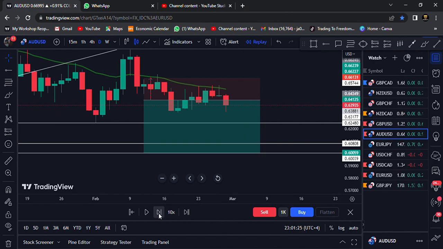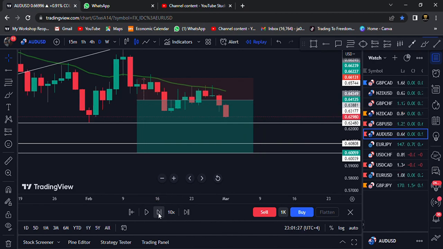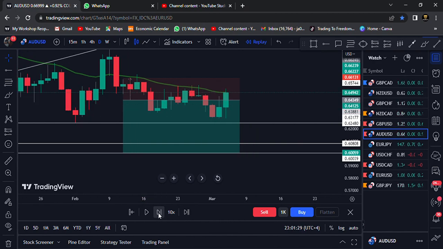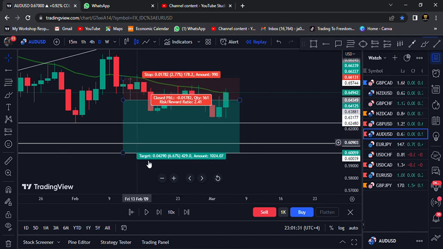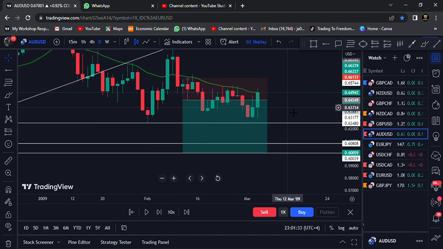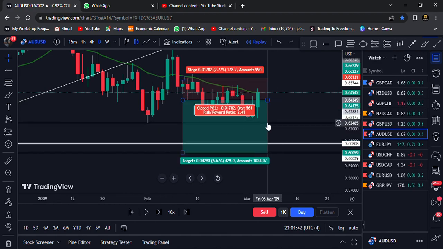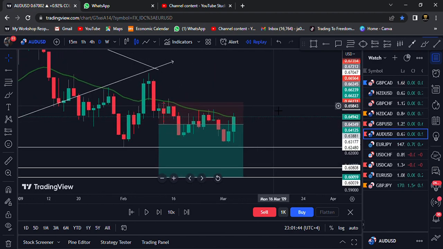As you can see, it's taking a lot of days for price to reach here. So at times price not wanting to hit here, it's because it doesn't have any intention to hit. Maybe it just wants to go back up.